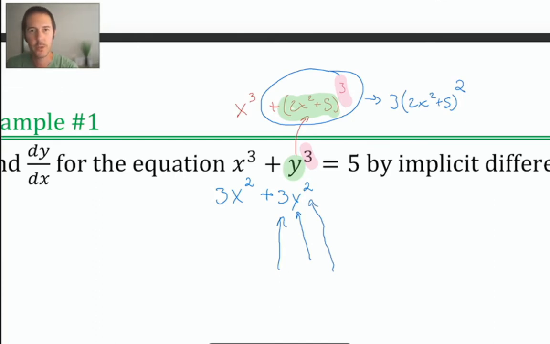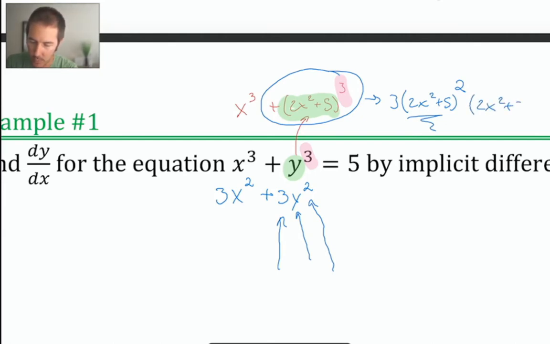But then what do you have to do? Well, in this example up here, the next thing you have to do is employ the chain rule. And we have to multiply by the derivative of, as I typically call it, the inner function or the inner expression, which in this case is 2x squared plus 5. So we would have to multiply by the derivative of, and I'm just going to write it like that.